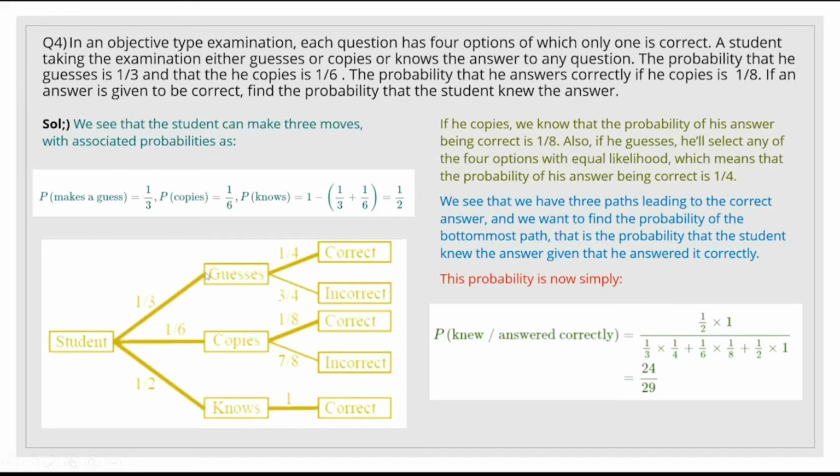We just considered all the 3 paths which lead to correct answers for all the 3 cases. And after computing this equation, we get the value to be 24/29. So that is the probability that if the answer is correct, the student already knew the answer.